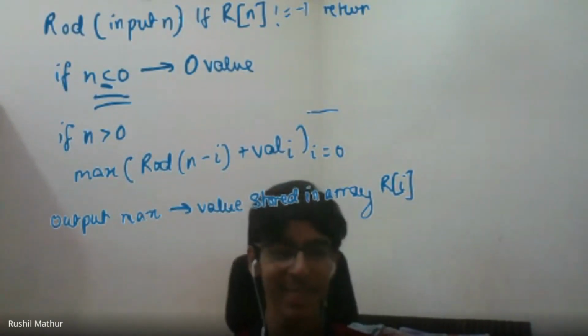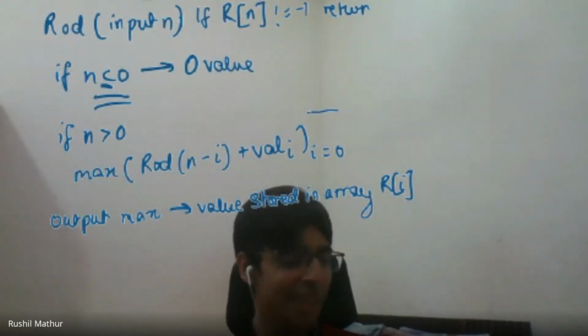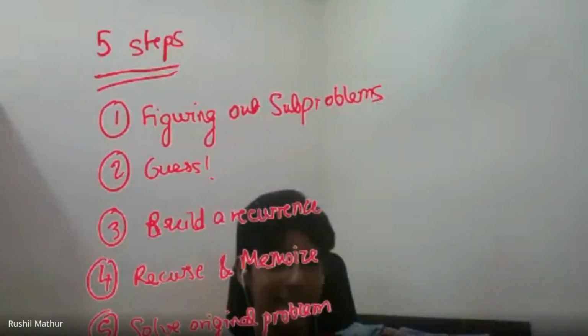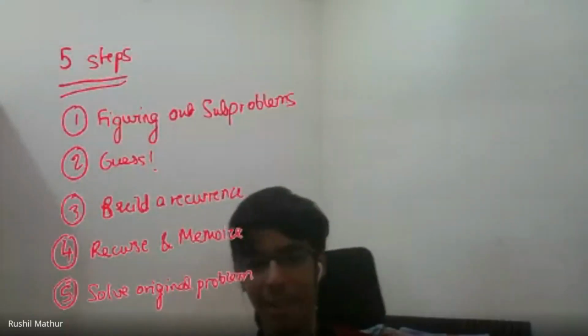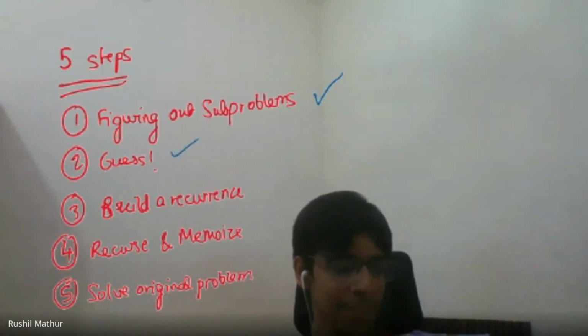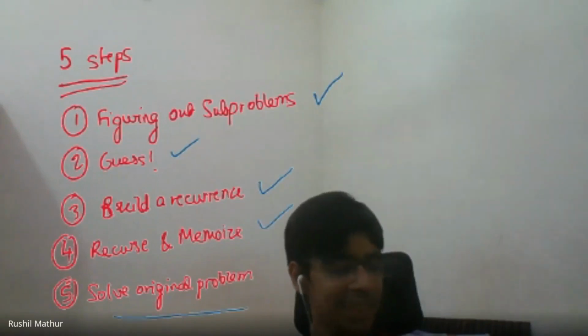So yeah, this is basically how you would recurse and memoize. This was step 4. Of our 5 steps, we have done quite a few of them. We figured out the subproblems, then we guessed, we built a recurrence, we recursed and memoized. Now the final thing is to solve the original problem.